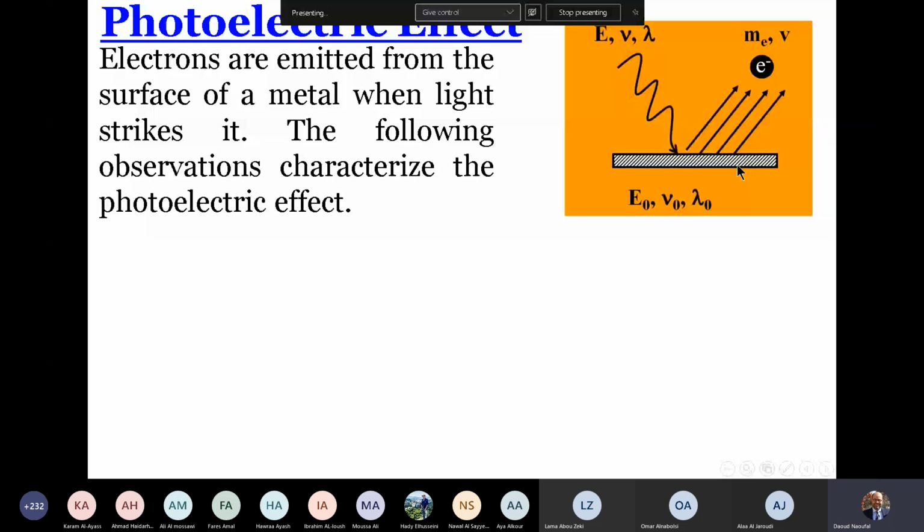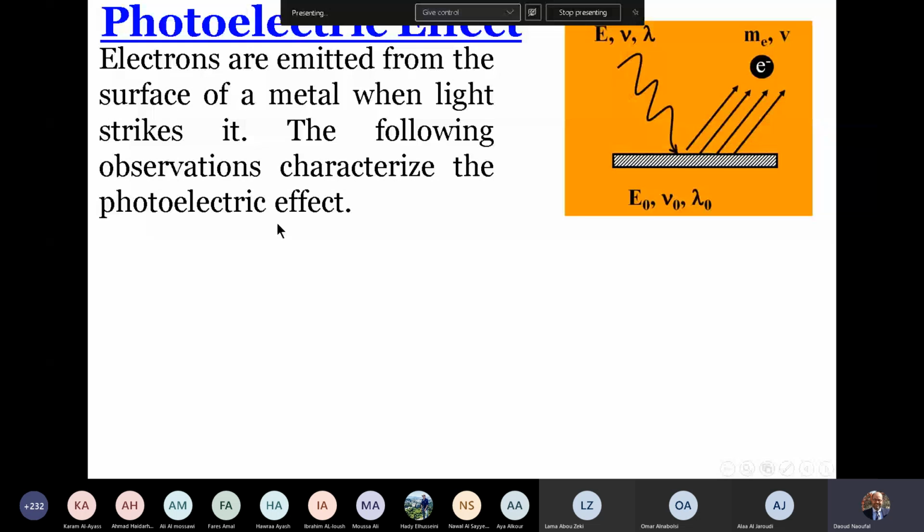So electrons are emitted from the surface of a metallic piece when the light of known energy or known frequency or known wavelength strikes it. The following observations characterize a concept, which is the photoelectric effect.